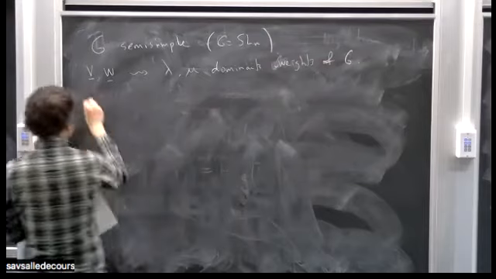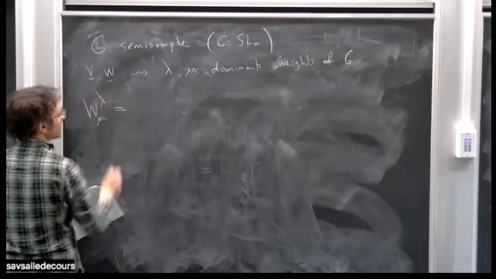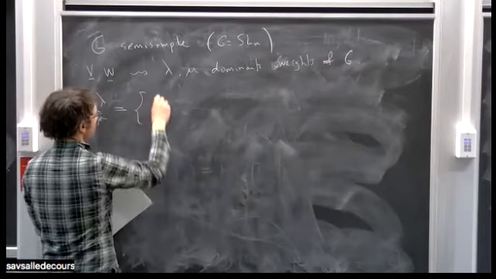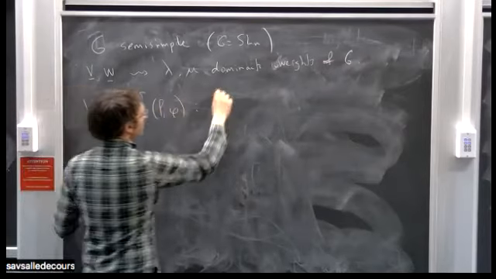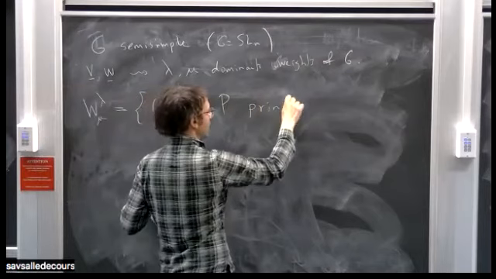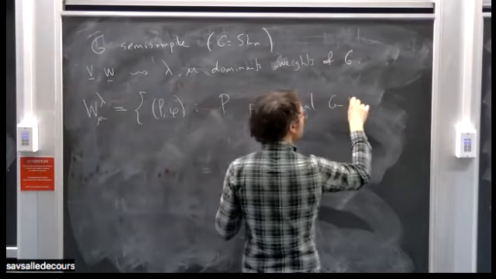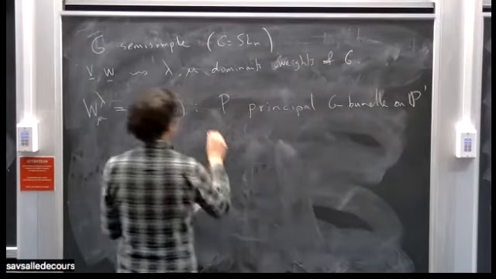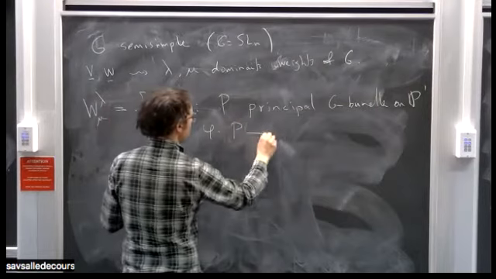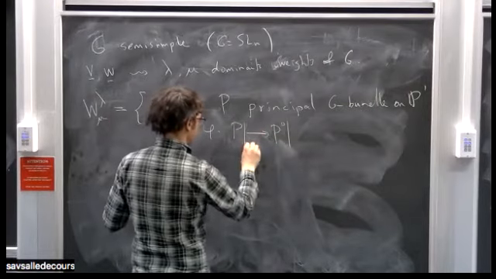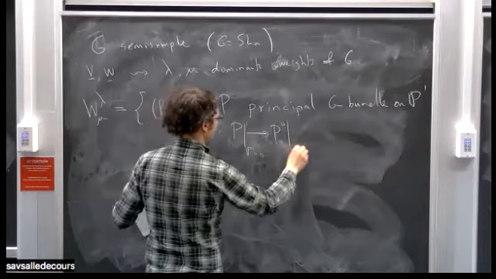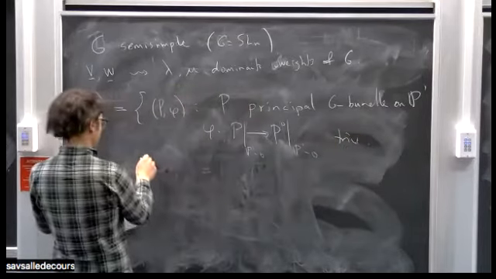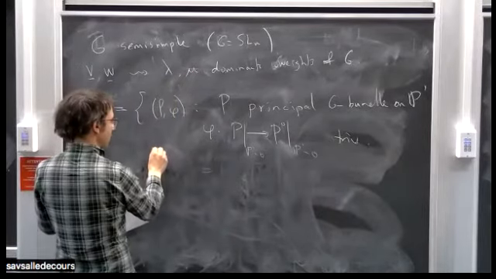And then this affine Grassmannian slice, well, here's a terse definition. We can say it's the space of pairs (P, φ), where P is a principal G-bundle on P1, and φ is an isotrivialization away from 0. And where do this lambda and mu come into it?